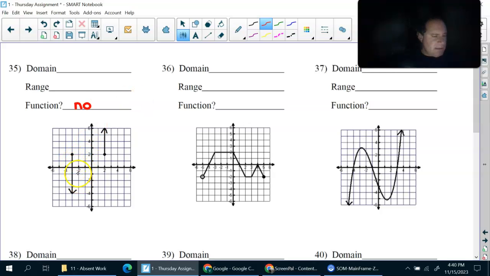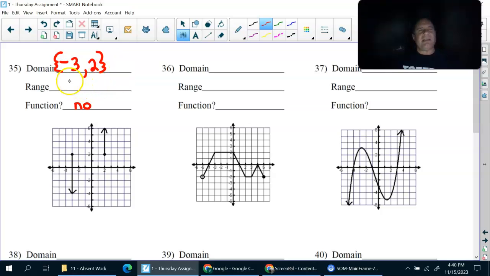So the domain, though, is the leftmost part of the graph. We haven't studied this because it is not a continuous graph, and we've only studied continuous graphs. So this is -3, and you could put a brace around it, and this is +2, and you could put a brace around it.